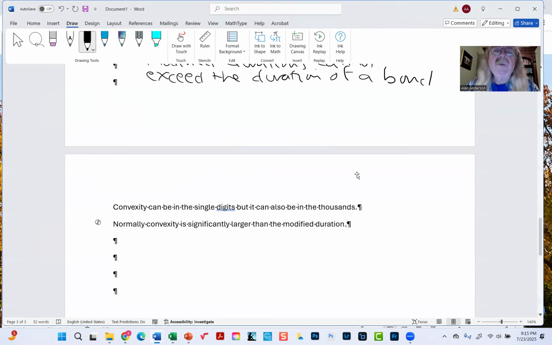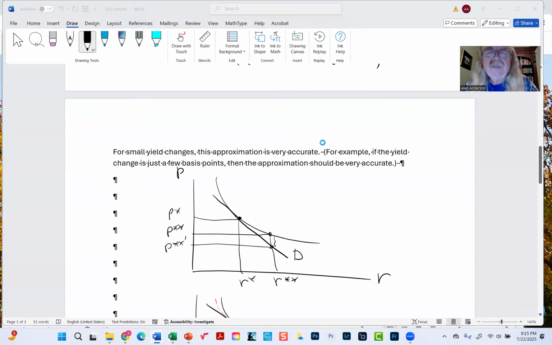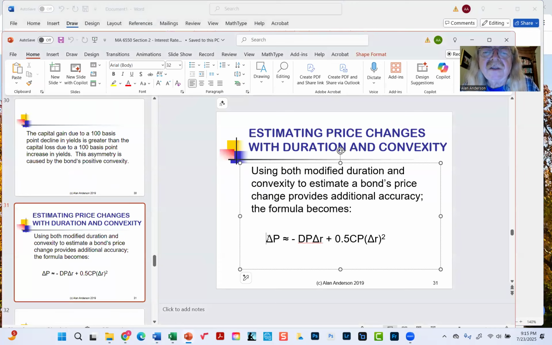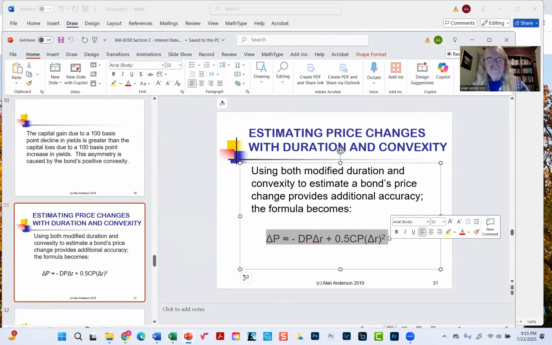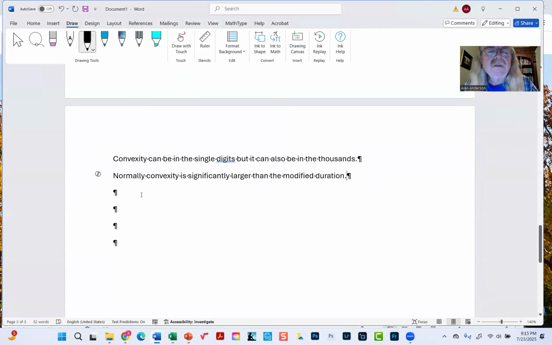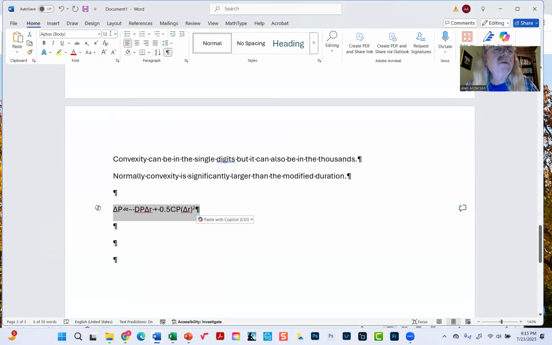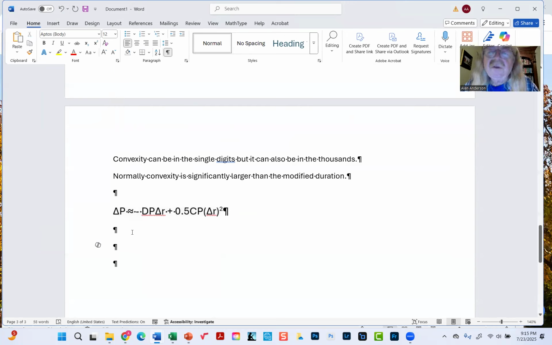So what that means then is if you go back and look at this formula we are looking at, actually here it is. Let's get this into the notes. You can see this formula, the second term here includes the convexity. It will be helpful if C is a very large number.